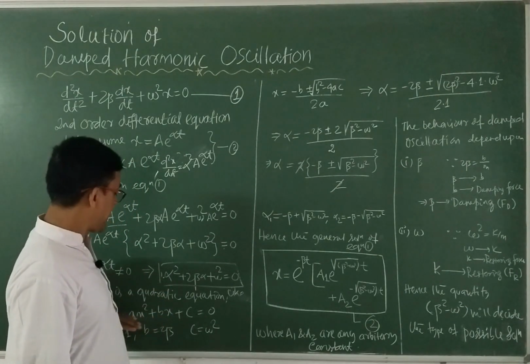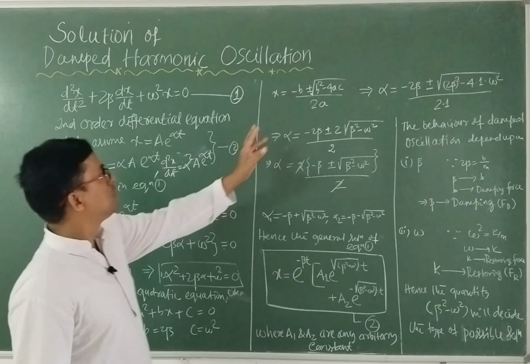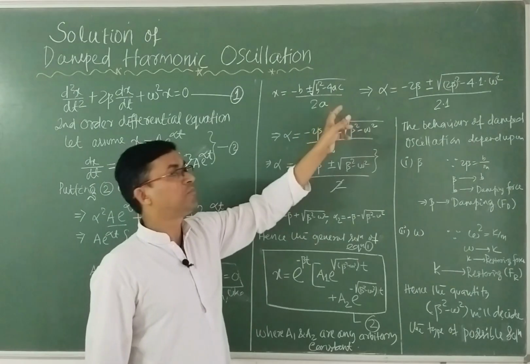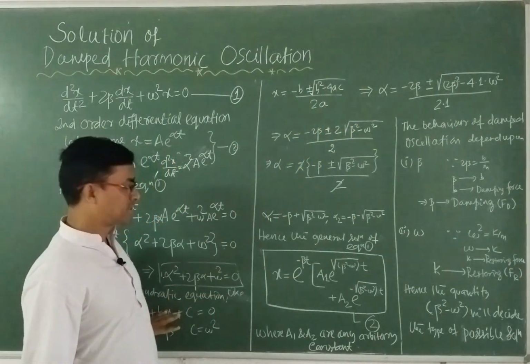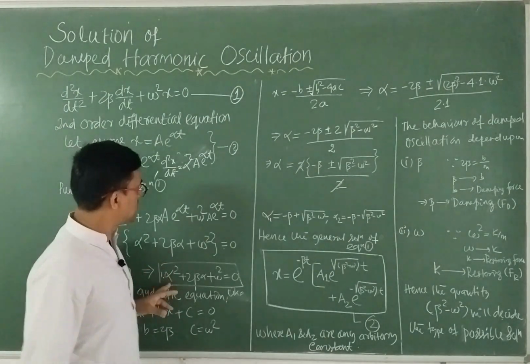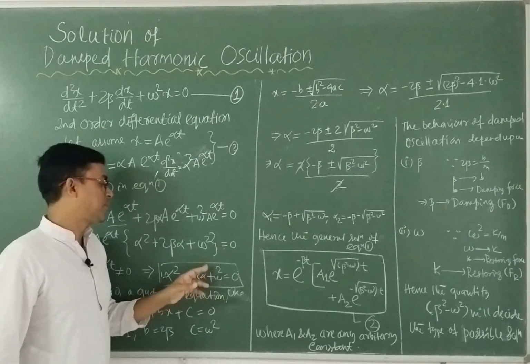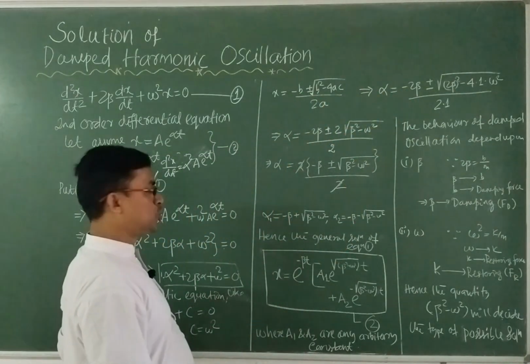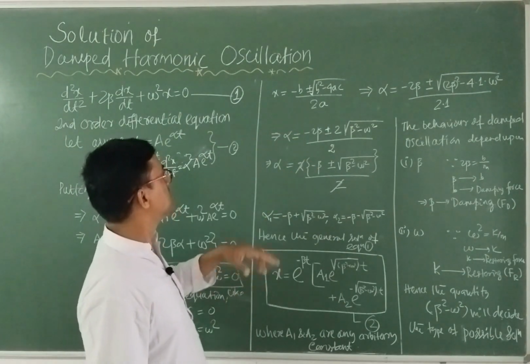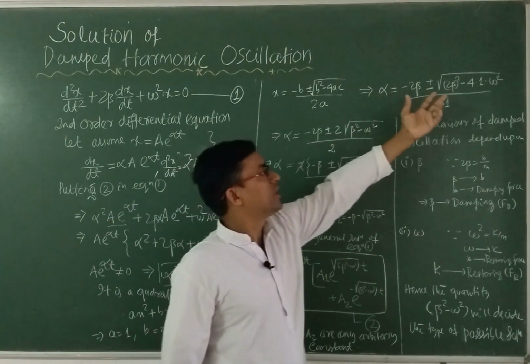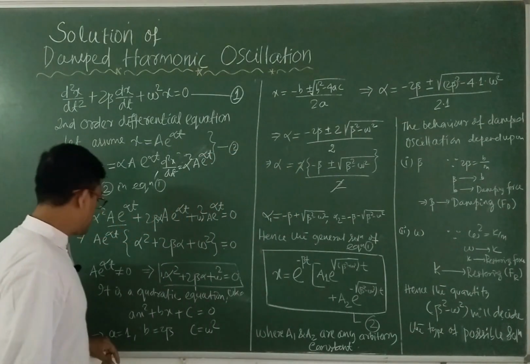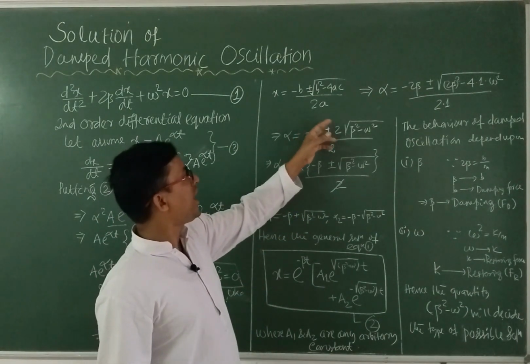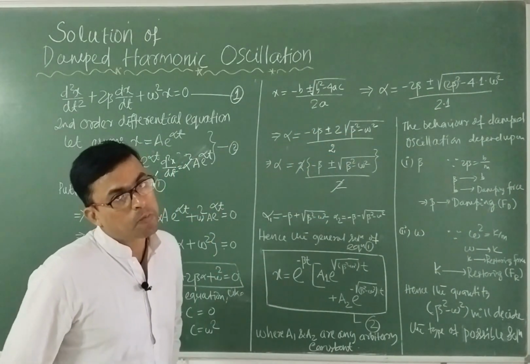For the quadratic equation ax square plus bx plus c equal to 0, the solution we know is x equal to minus b plus or minus square root of b square minus 4ac, divided by 2a. This is the general solution. In the same way, for our equation 1 into alpha square plus 2 beta alpha plus omega square equal to 0, alpha equals minus b, that is minus 2 beta, plus or minus the square root of 2 beta square minus 4 times 1 times omega square, divided by 2a, where 2a equals 2.